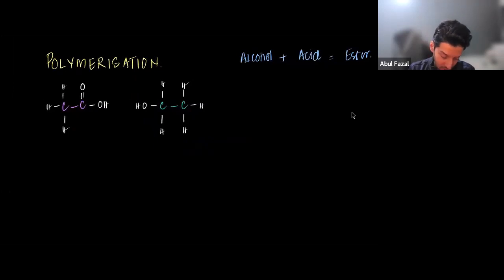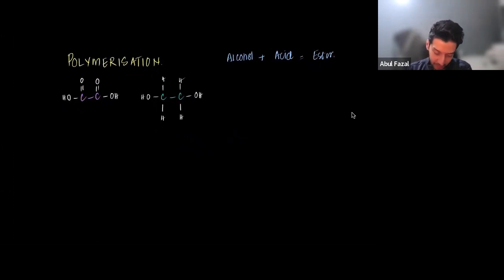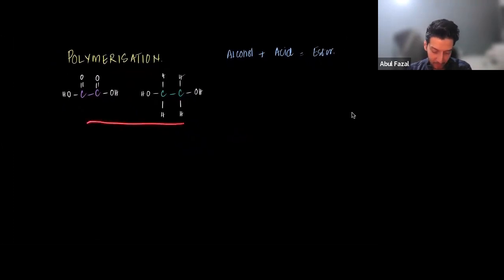What if I change my acid like this? I give both carbons the functional group. And I change my alcohol where it has both sides as a functional group. So the first thing that's going to happen is, you already know, don't worry about naming this because we don't need to, but this part and this part can form an ester.